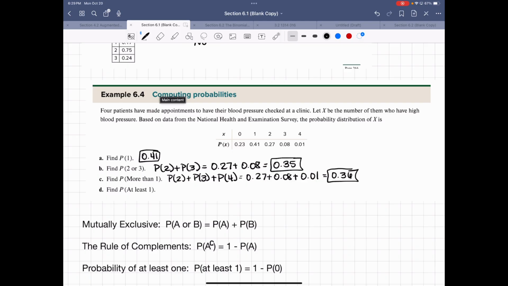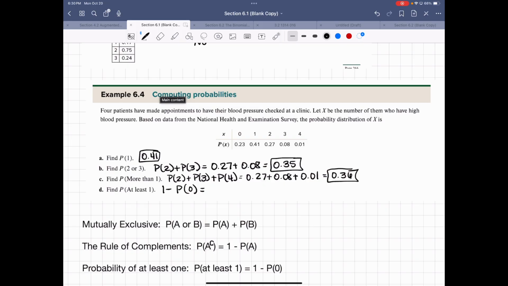Especially, it's not a lot here, but let's say we had 10 people, or we had 100 people. You wouldn't want to add all those up. So it's easier to say, well, that's really 1 minus the probability of 0. Because all of them added together have to equal 1.